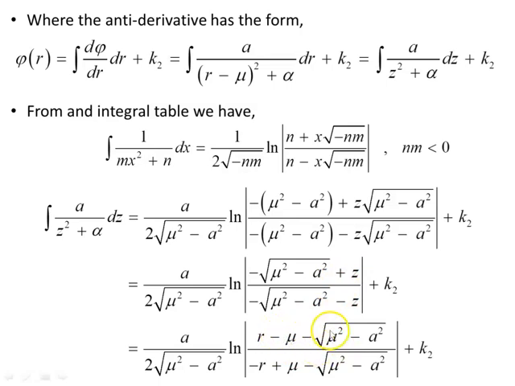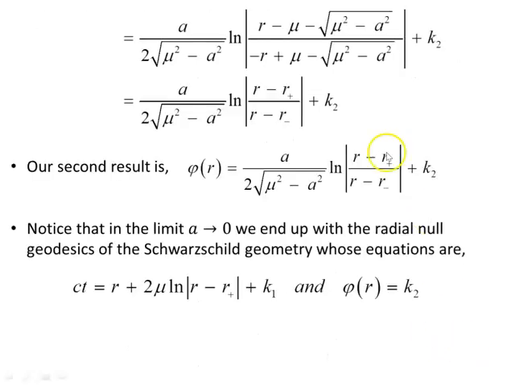So plus z, r minus mu, and this bit here. Again, this overall negative result here, we'll resort to the absolute value sign to clear that for us. And we're left with this object here. Again, we'll use that minus to clear that. And we end up with r minus r plus on r minus r minus, plus the constant k2.